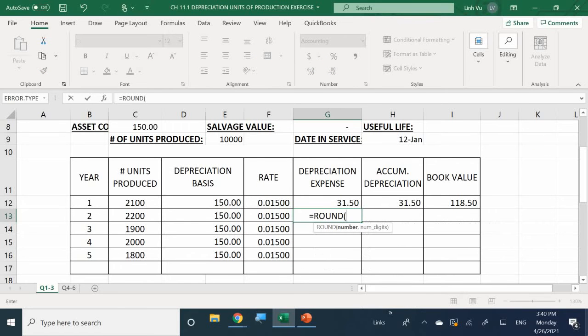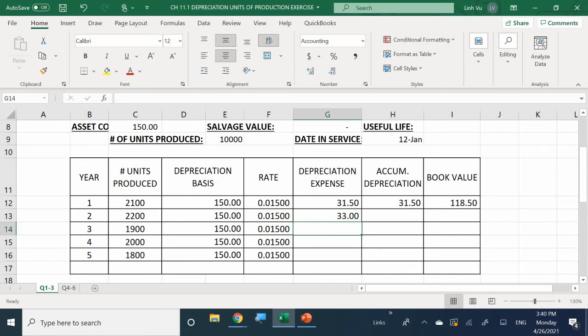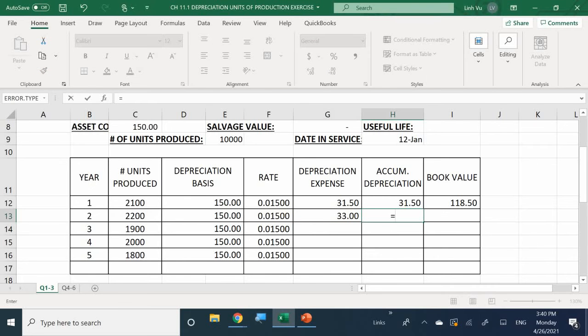So accumulated depreciation, it's going to be the 31.50 plus the 33. Okay, so this time, what's my accumulated depreciation for the second year? We're doing the accumulated one right now, previous years.